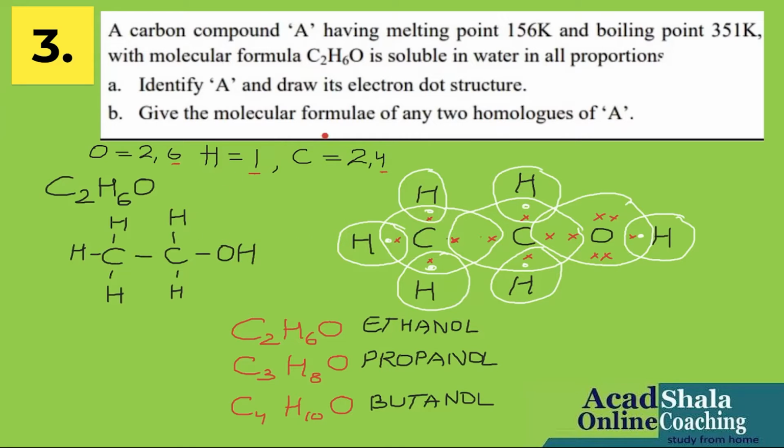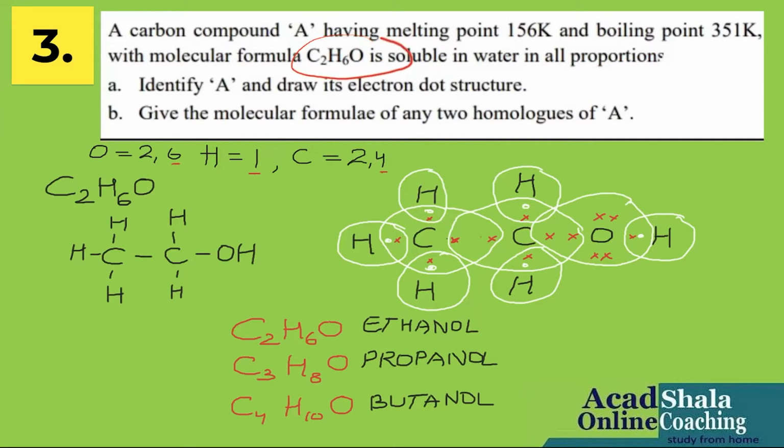Now, first of all, in this question they have given the molecular formula C2H6O and they are saying it is soluble in water in all proportions. Immediately it should strike in my mind that if it is soluble in water in all proportions, it is an alcohol.